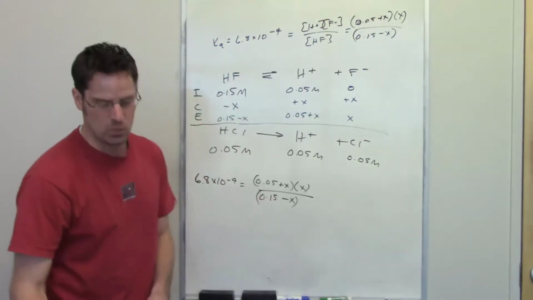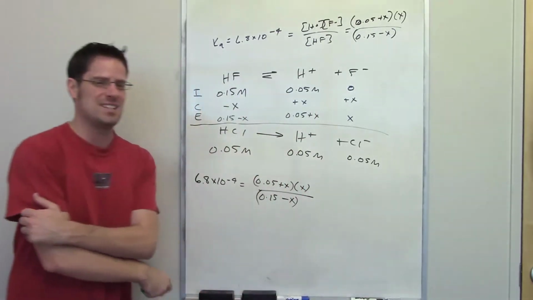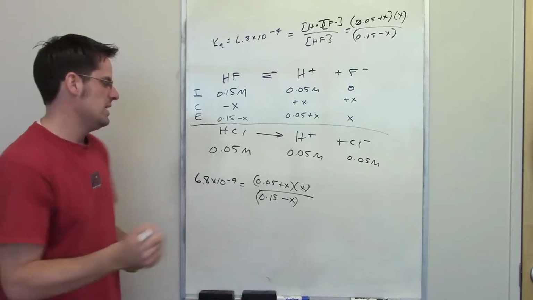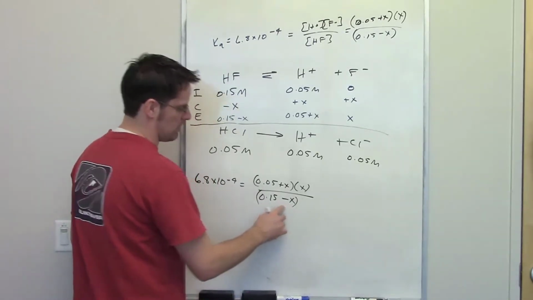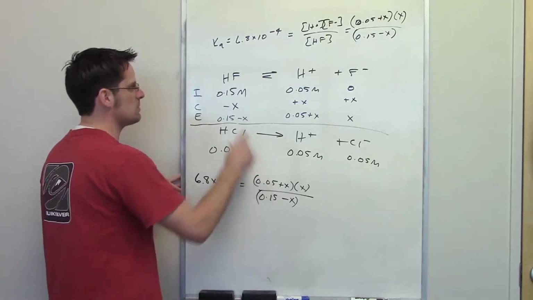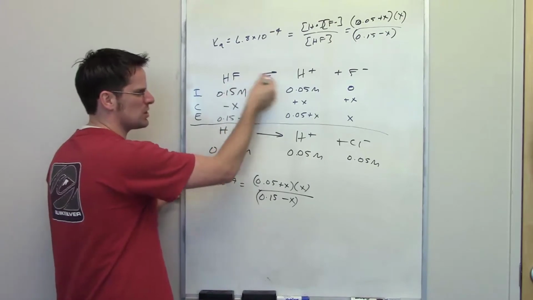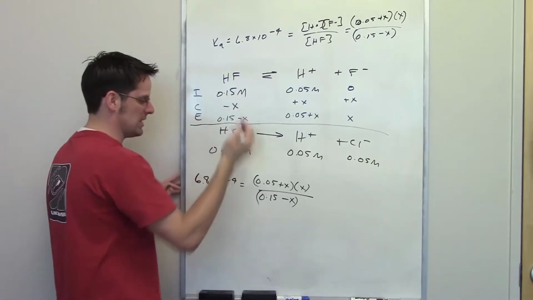There is a trick that we can do, and I realize it's not 100% technically perfect, but it is close enough. And that is, right here in this term, the X number is going to be very, very small compared to the 0.15. The reason is because HF is a weak acid. It dissociates by an amount, but that amount, X, is very small compared to its initial concentration.